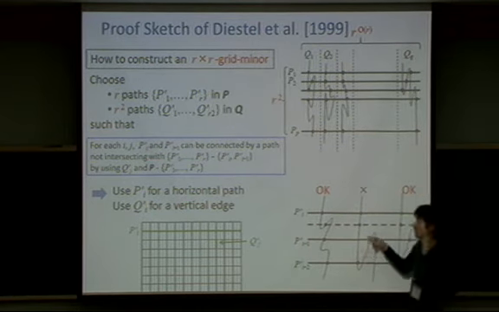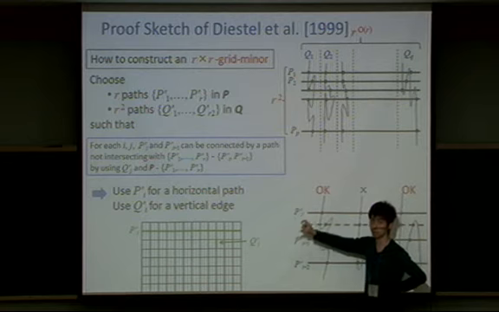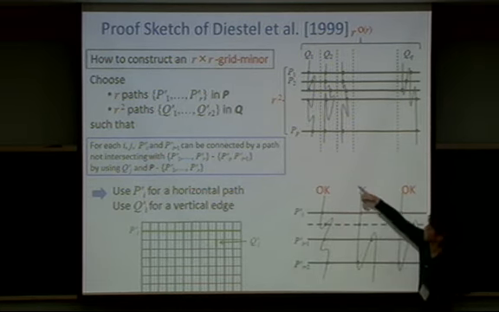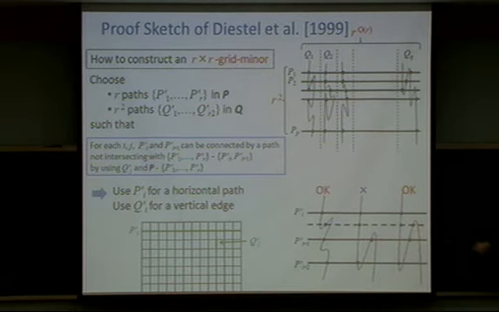Each vertical edge can connect two adjacent paths, so we can represent this edge. And we have R squared vertical edges, so we can represent the R times R grid minor. So this is an outline of this method's proof.